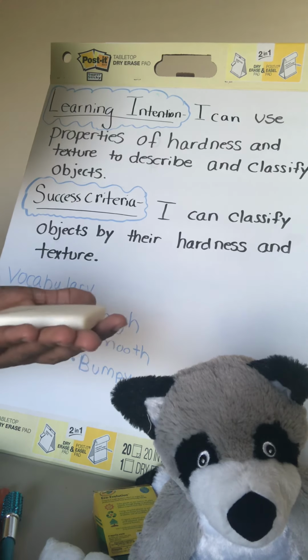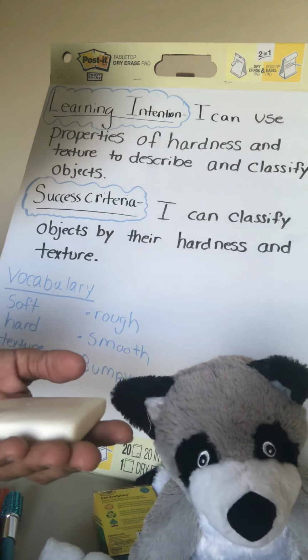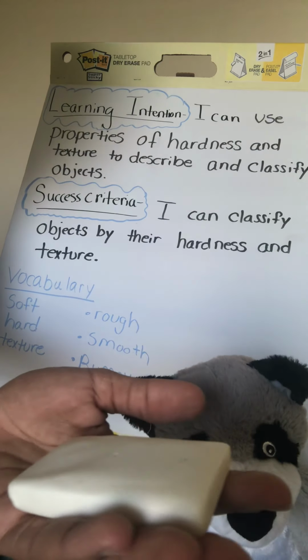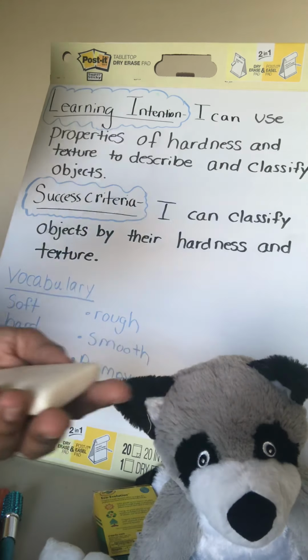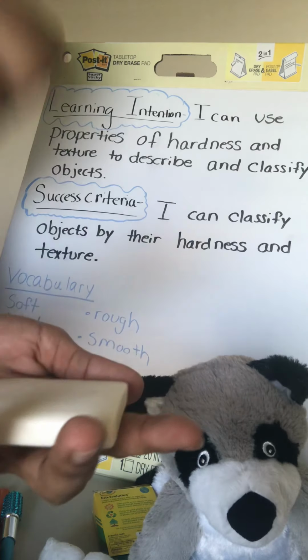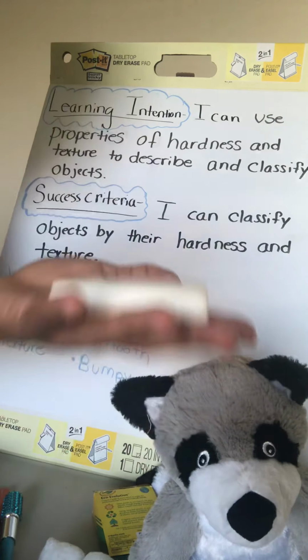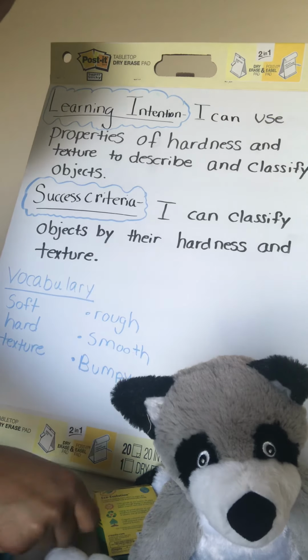I'm going to try to knock on the soap. Is this soap soft, hard, rough, smooth, or bumpy? Correct. It's hard. When I knocked, it didn't even break. All right.